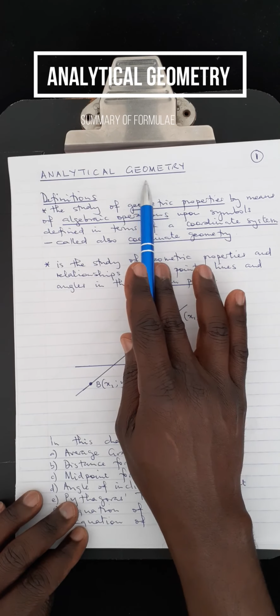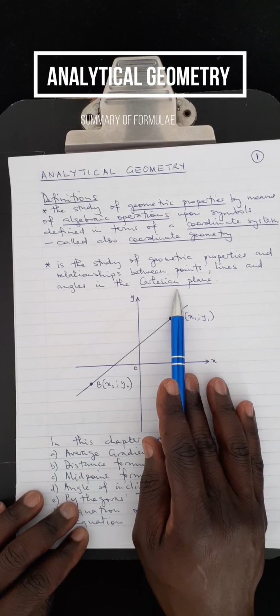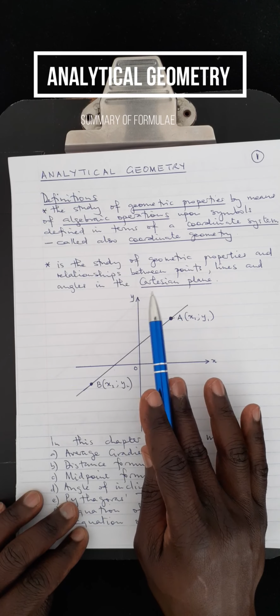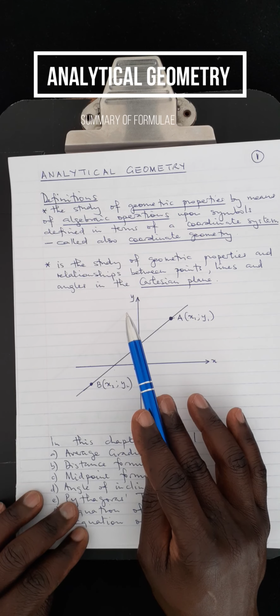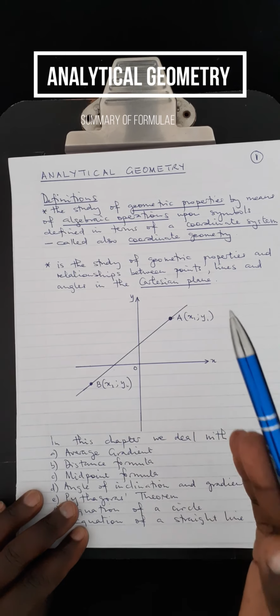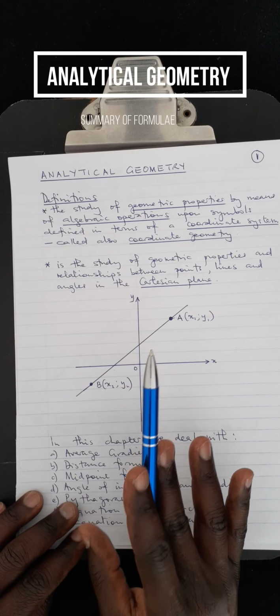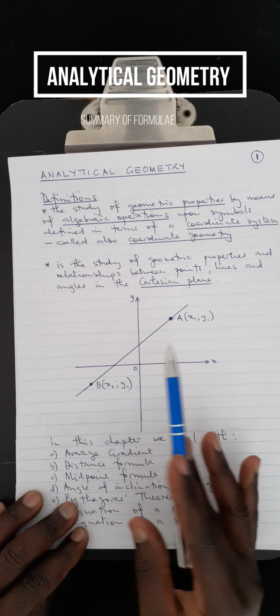The word geometry is a branch of mathematics that deals with the deduction of the properties, measurement, and the relationship of points, lines, angles, and figures in space. So it deals with the properties, the measurements and the relationship of points.